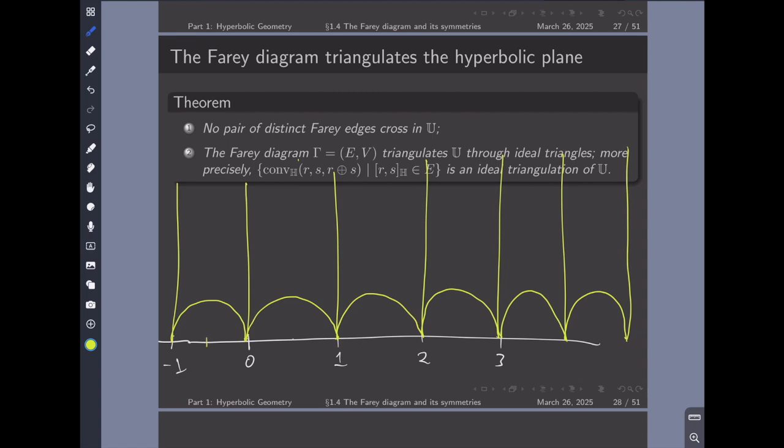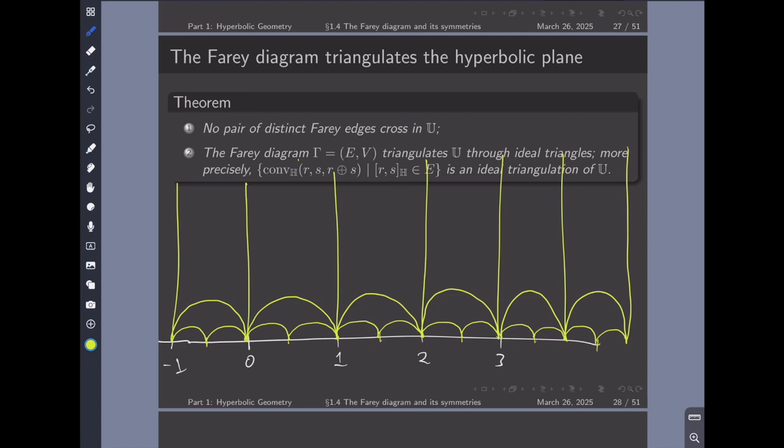For the first step of the recursion, which would be to add these vertices and these edges, all these new vertices have denominator 2, the midpoints between consecutive integers. And I think it's still obvious that there are no crossings.